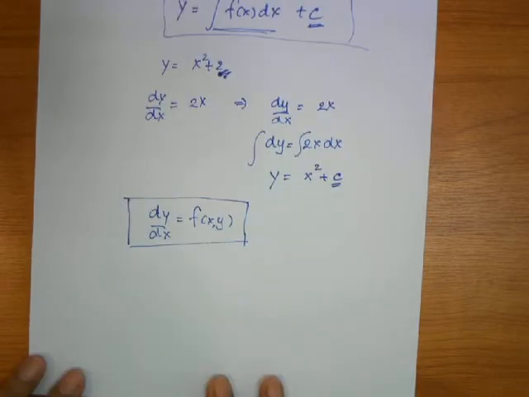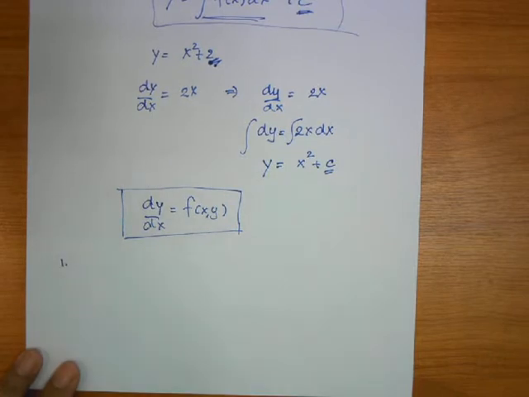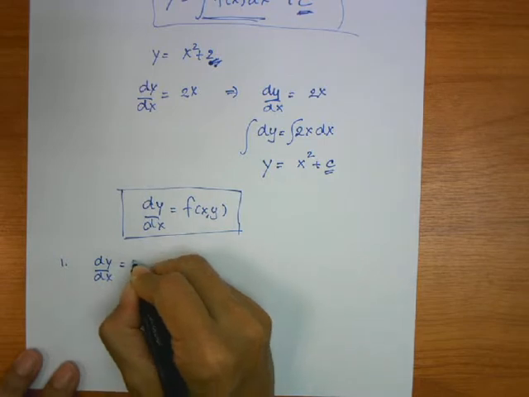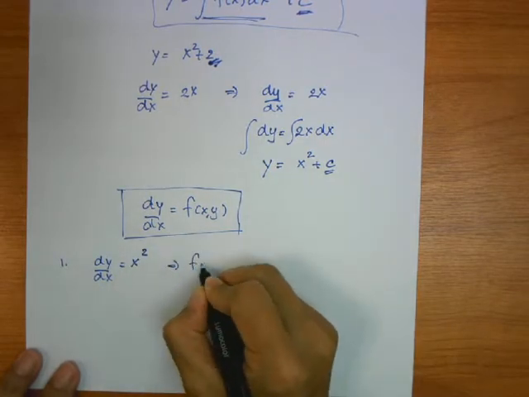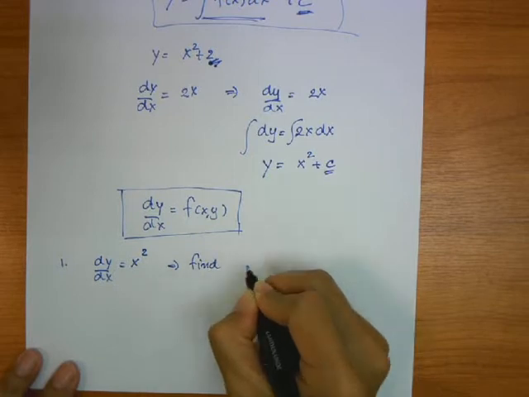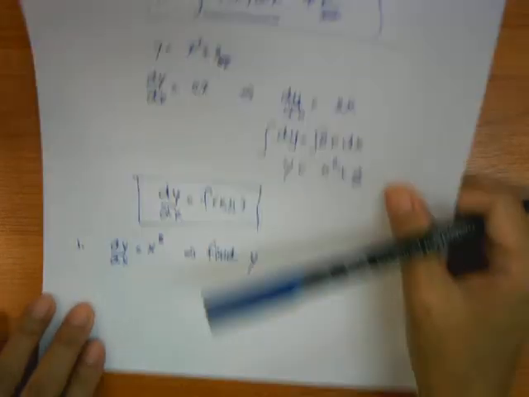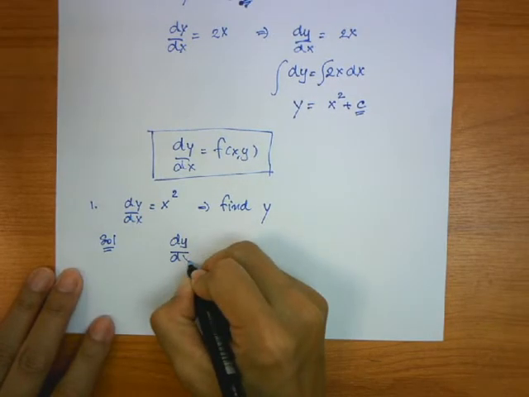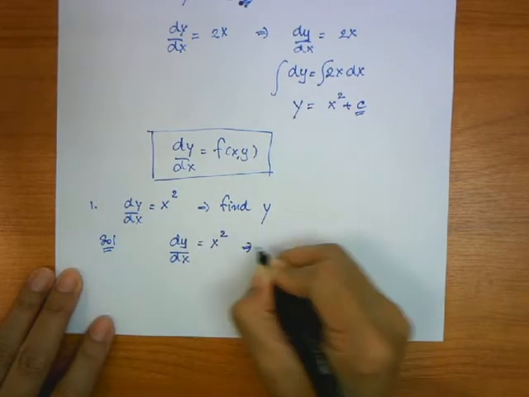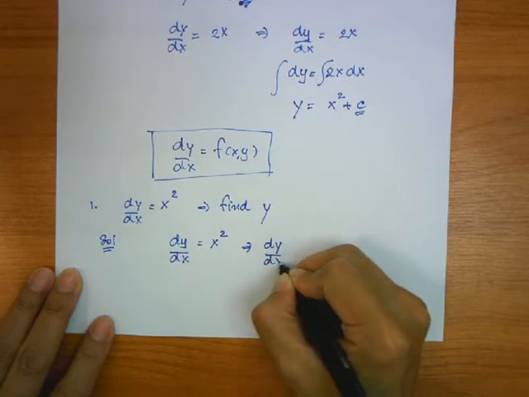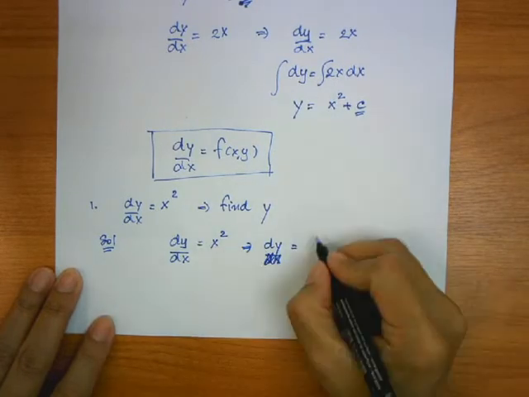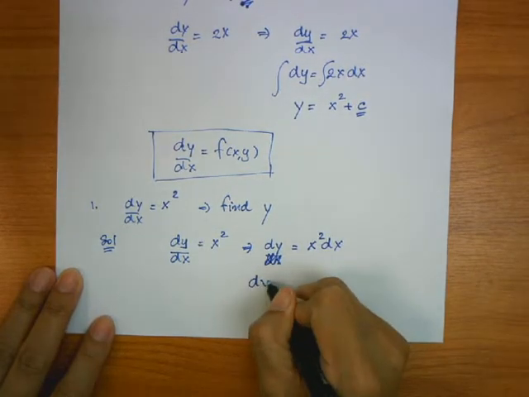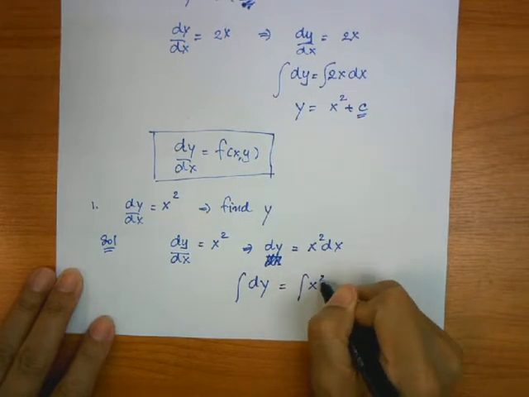The first one: if we have dy by dx equal to x squared, find y. How do we do that? We just move dx to the right side of the equation, and then we do the integral for both sides.